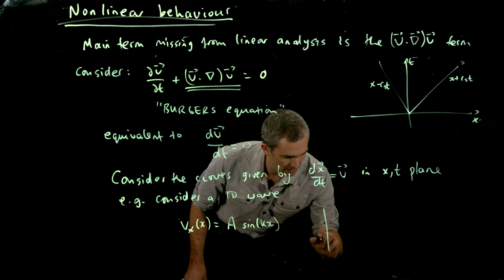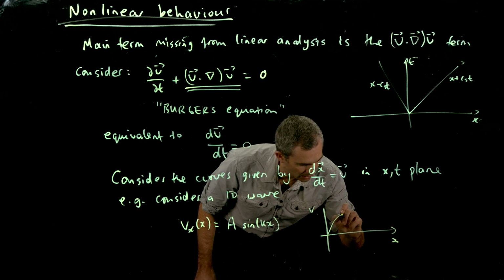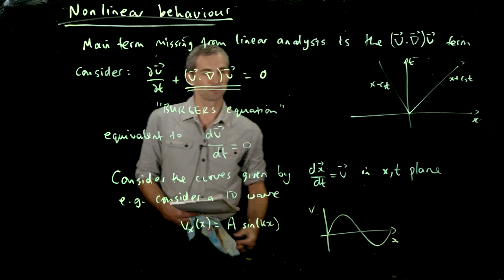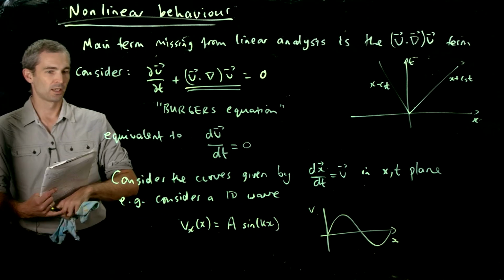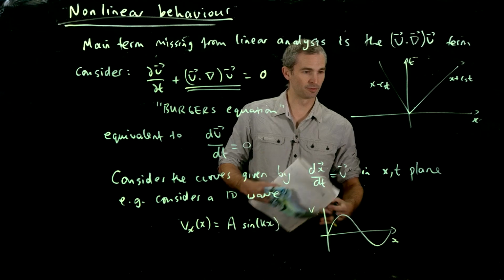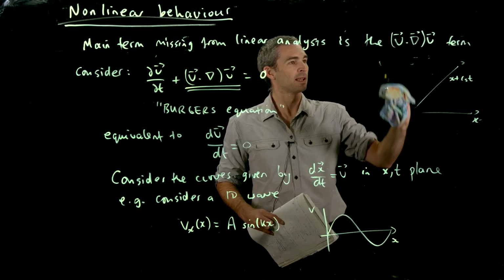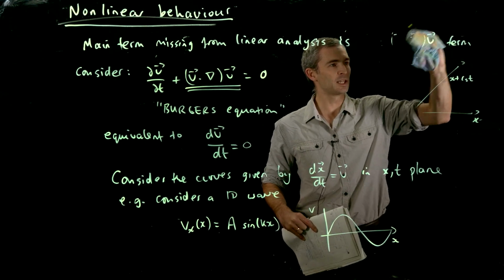So that's in space. We just have velocity against x, and we've got just a simple sine function. All right, so let's now think about what happens to this wave. So we need to make space in this x-time plane. Let's think about what happens to each blob in this wave.